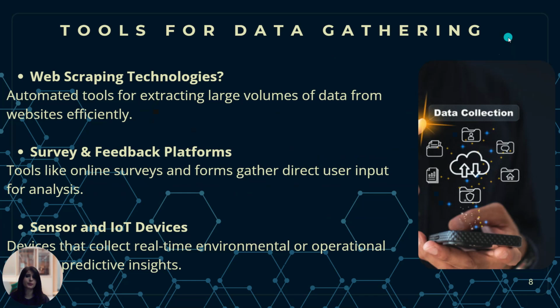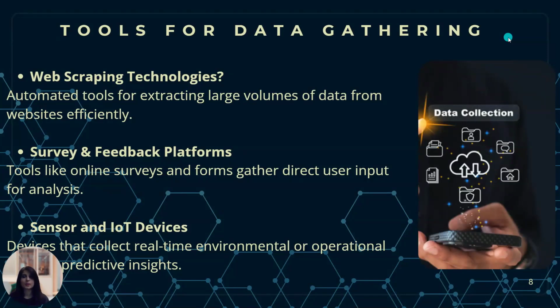So, what are the tools for data gathering or data collection? I've differentiated three of them, even though in some sources you can meet even more. The first would be the web scraping technologies. Those are automation tools that would go into candidates', people's, right into consumers' websites, and collect a large volume of data from those sources very quickly and very efficiently.